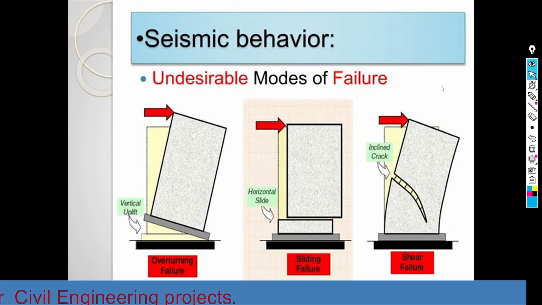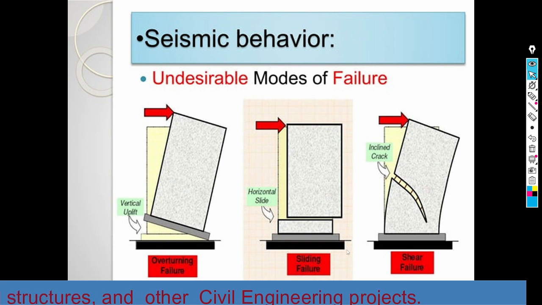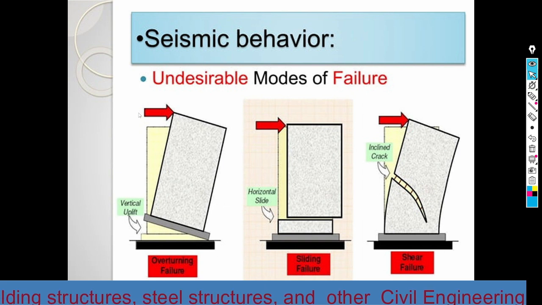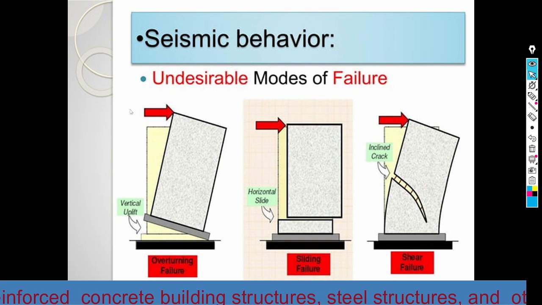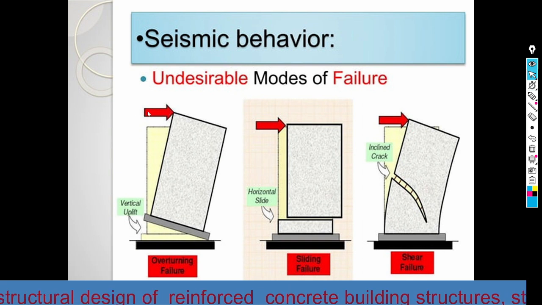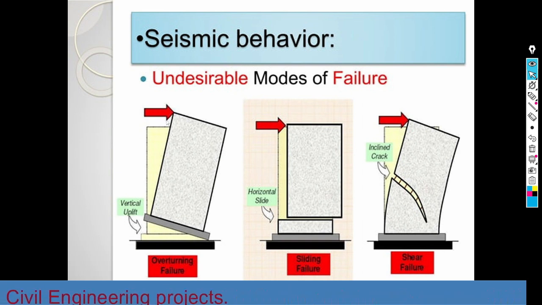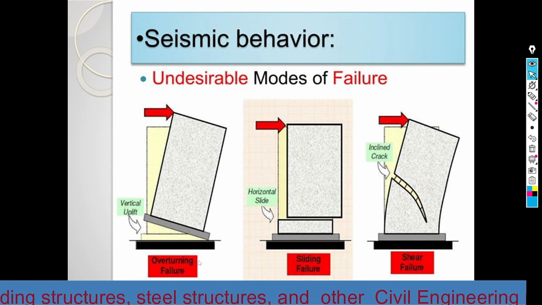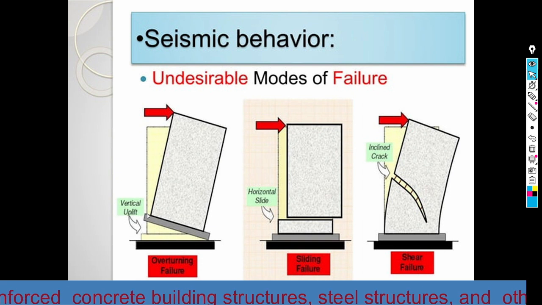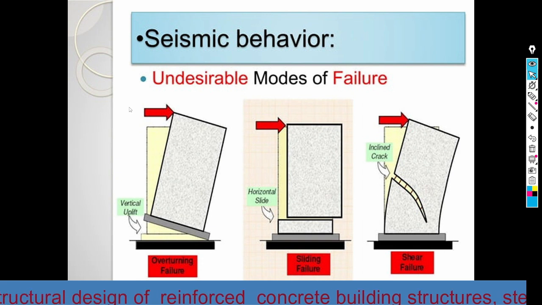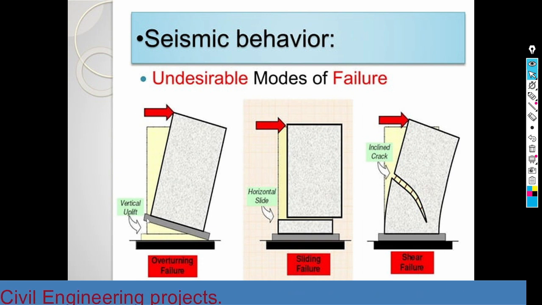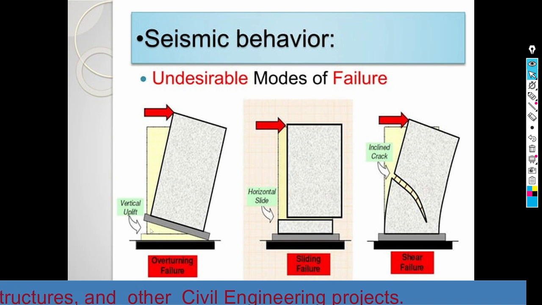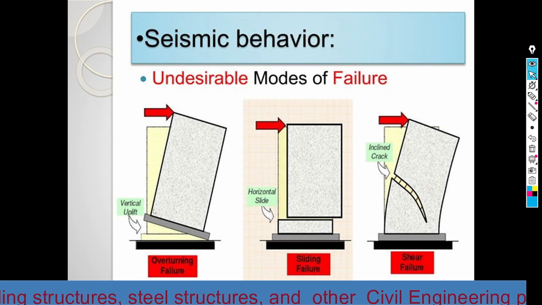So here, this is the mode of failure. Here there is a horizontal force acting at the top of the structure. This shear wall shows an overturning failure here. That means when we apply force at the top, the base of the shear wall rises up.